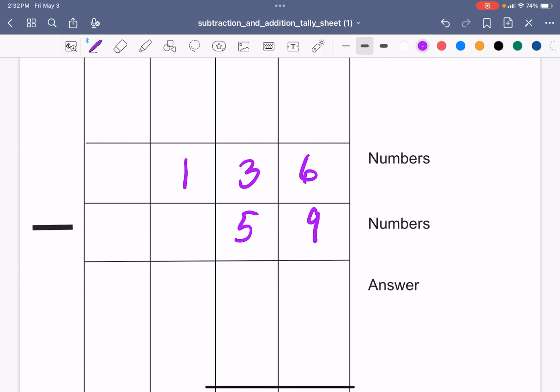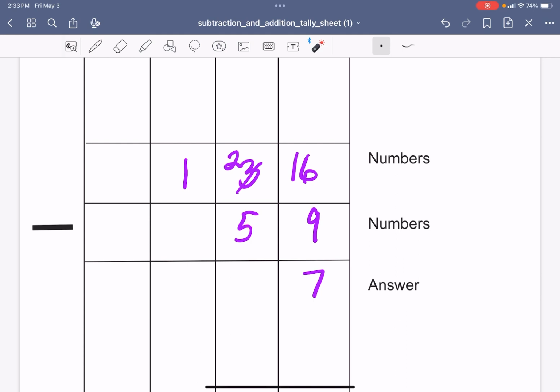You can pause the video here if you like. All right, so we can't do 6 minus 9. So we're going to borrow from the 3. 3 is going to become a 2. The 1 that we borrowed from the 3 is going to go to the 6, and the 6 is going to become 16. So 16 minus 9 is 7.